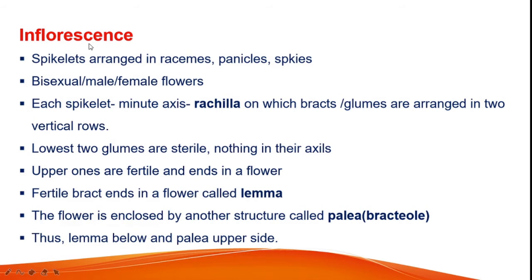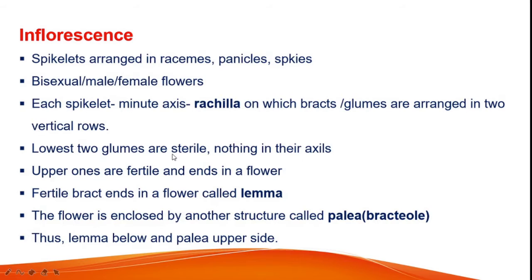The features of the inflorescence are as follows: spikelets arranged in racemes, panicles and spikes. Bisexual, male or female flowers are present in this family. Each spikelet has a minute axis, that axis is known as rachilla. On that rachilla, bracts or glumes are arranged in two vertical rows.